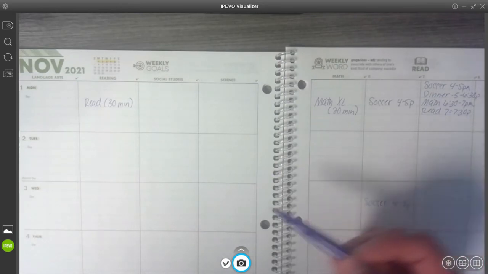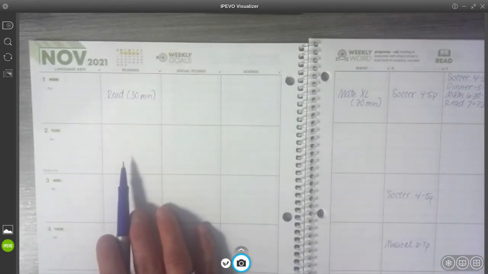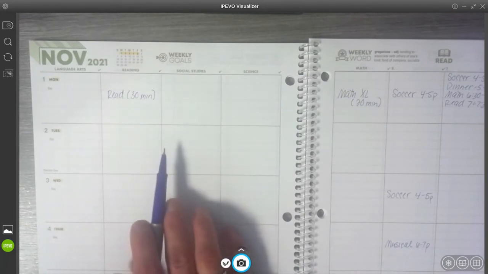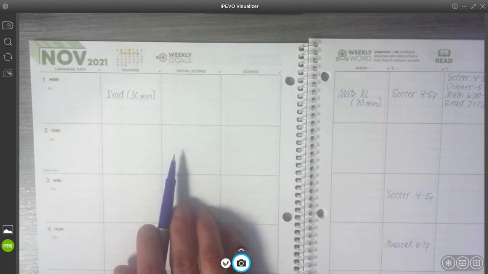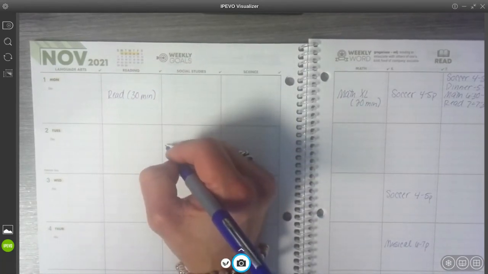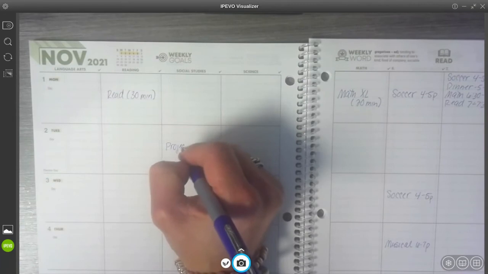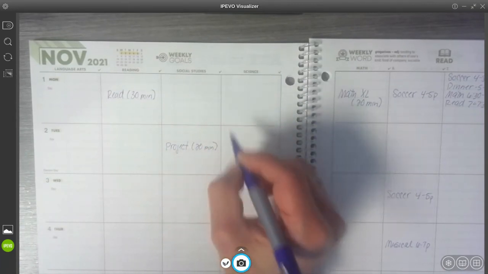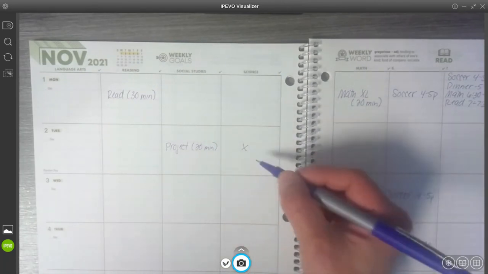And then same thing. The next day they go to school on Tuesday, they have a new batch of classes, and as they go throughout their classes, they can write down their homework. So maybe for social studies, they have a project that they're working on and it is 20 minutes. And maybe they don't have anything in science.